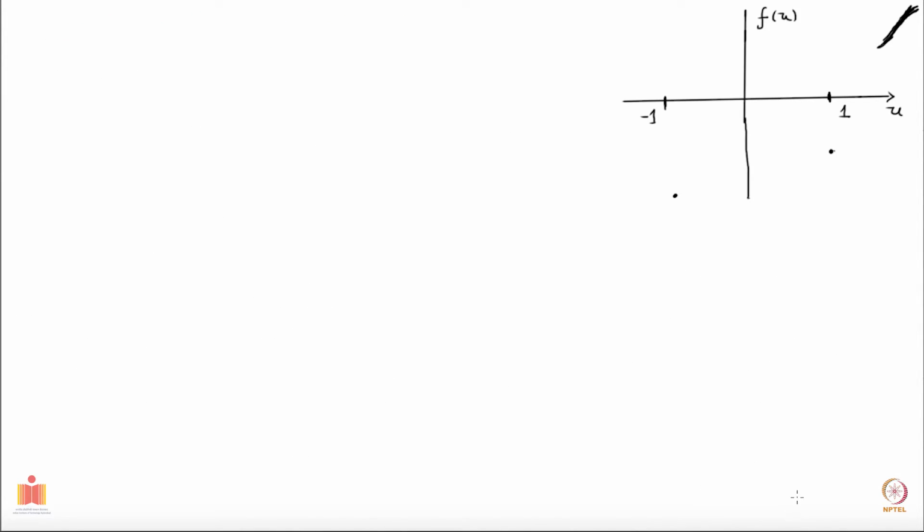Which means that in this interval, somewhere f of u should become positive. So it should be above this horizontal line. Now my function is negative here, it goes to infinity at very large values, and then it should definitely come down to negative, because it has to be negative at u equal to +1.